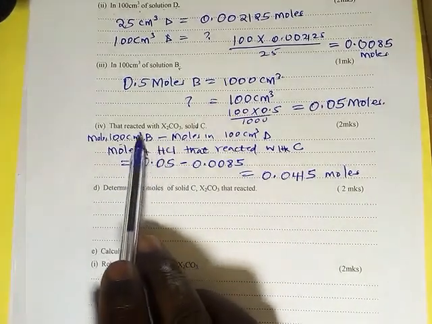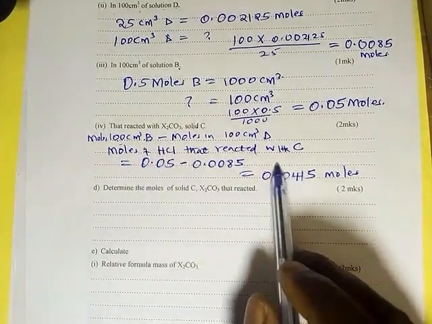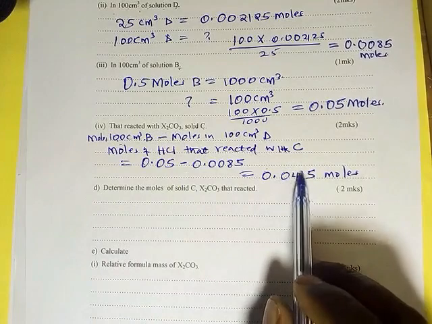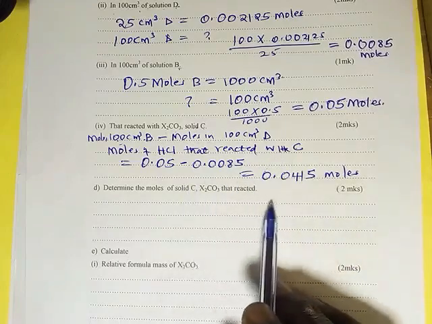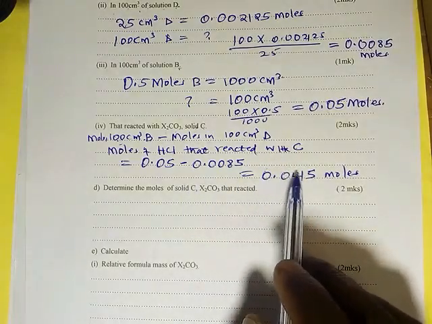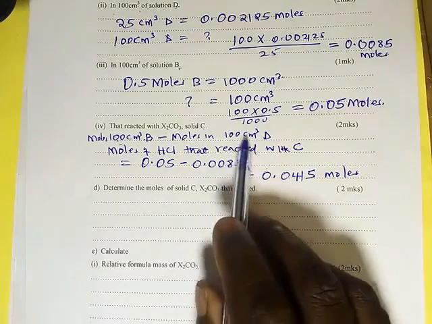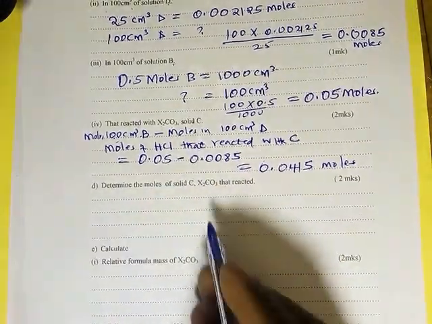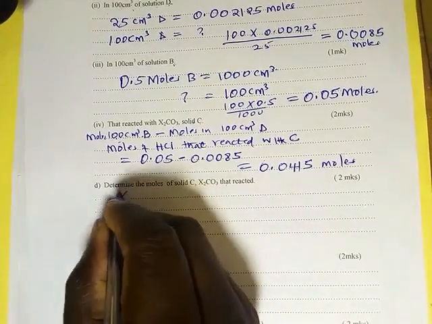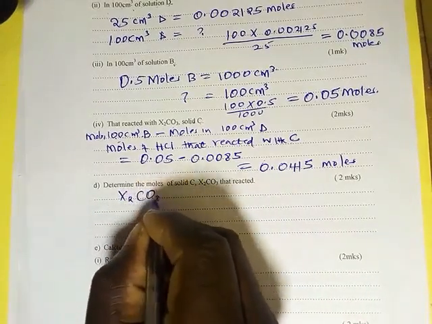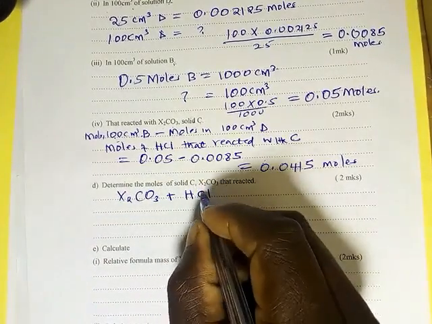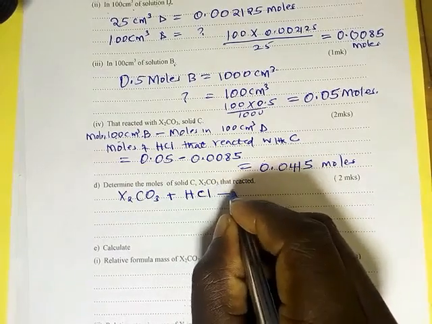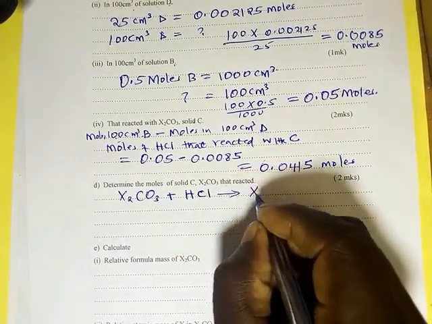Now we have the number of moles of HCl. This is the number of moles of HCl that reacted with the carbonate. But now we can get the number of moles of the carbonate from the relationship between the carbonate and HCl. Now we can write X2 carbonate reacts with HCl solution B to give us X chloride.